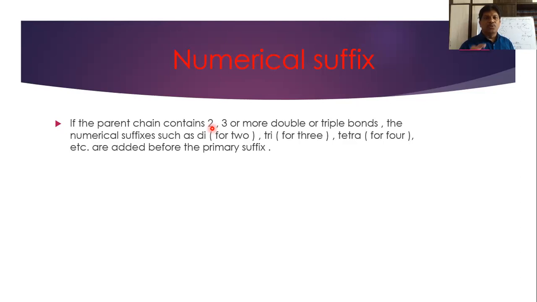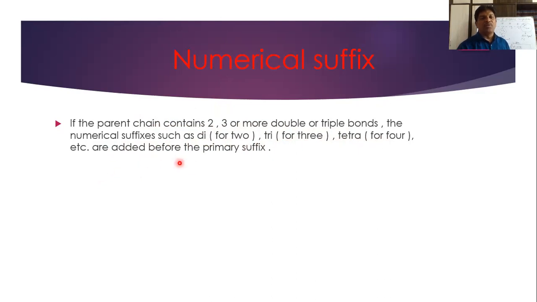Diene means 2 times double bond is repeated. Okay, the di is called numerical suffix. Tri is called numerical suffix. So if the parent chain contains 2, 3 or more double or triple bonds, the numerical suffixes such as di for 2 bonds and tri for 3 bonds and tetra for 4 bonds, etc.